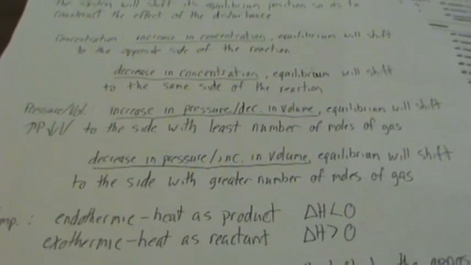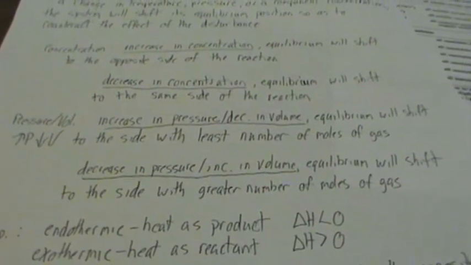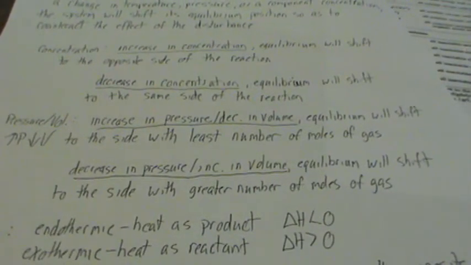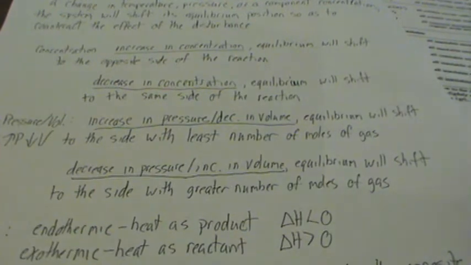So if we have an increase in pressure, that means we have a decrease in volume. Equilibrium will shift to the side with the least number of moles of gas. If we have a decrease in pressure or an increase in volume, equilibrium will shift to the side with greater number of moles of gas.